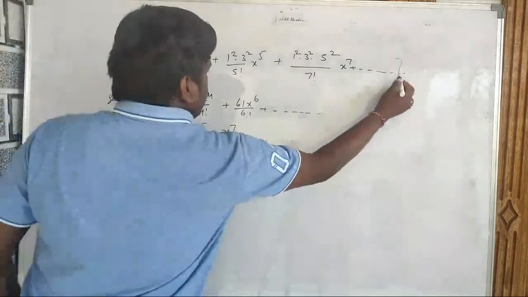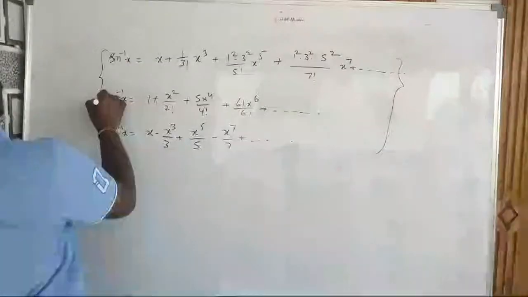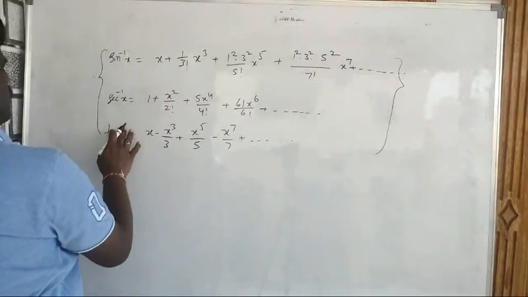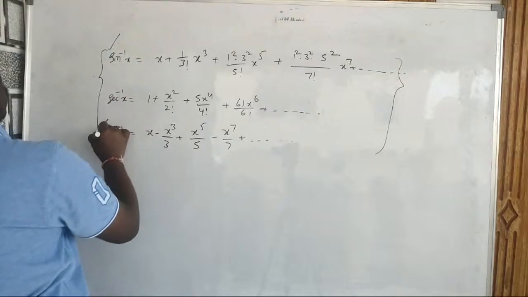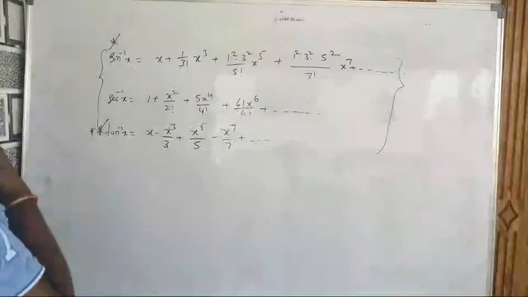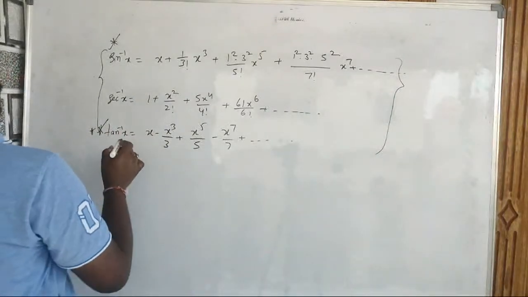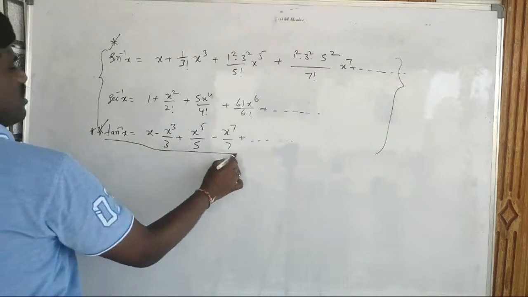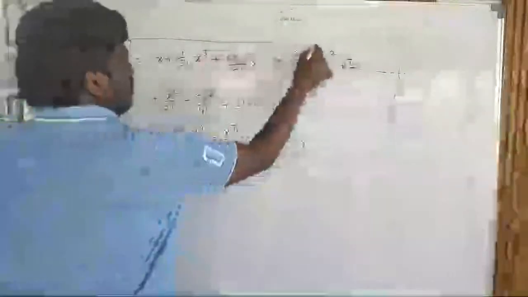Yesterday I did not write about these three: sine inverse x, sec inverse x, tan inverse x. Sine inverse x and tan inverse x are mostly used. So this is important. Even though questions can be solved by L'Hospital rule also, these two are important: tan inverse x and sine inverse x. So remember these expansions.